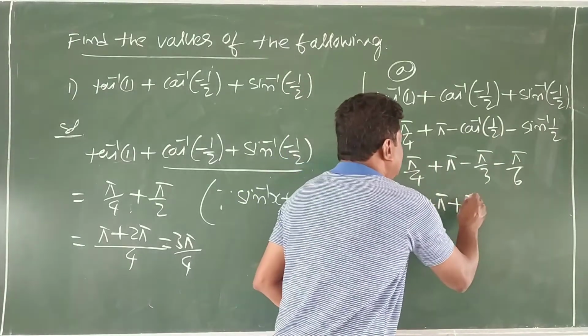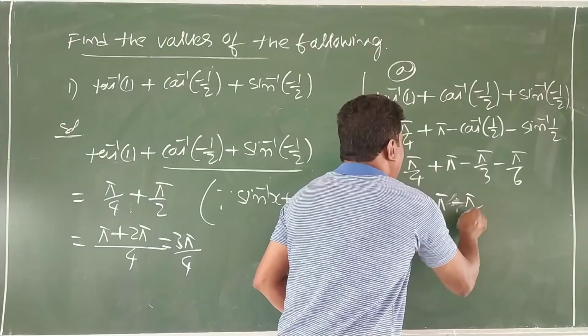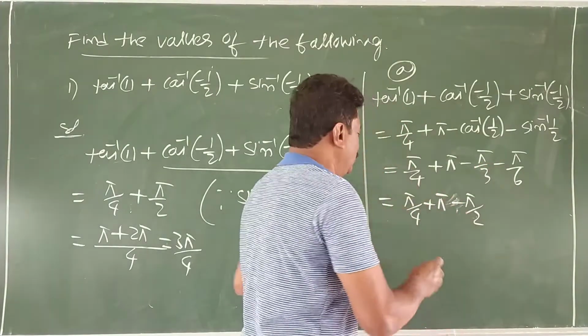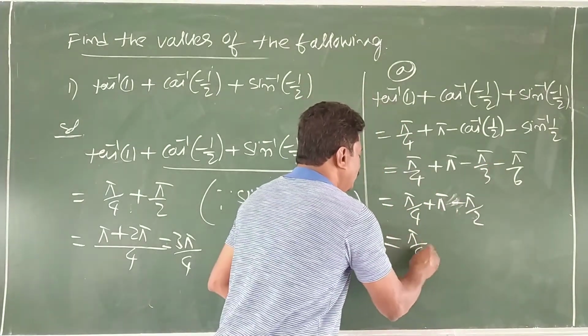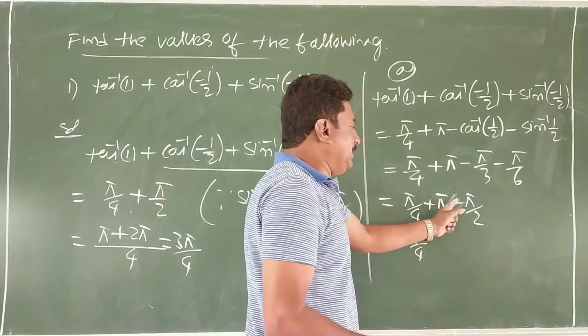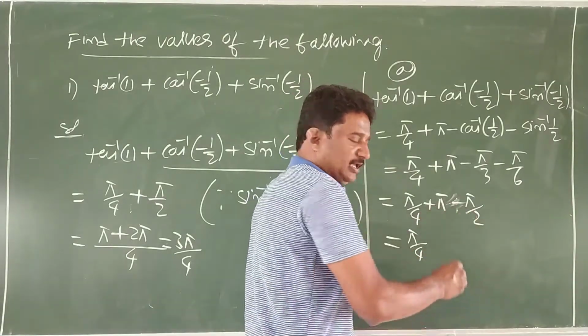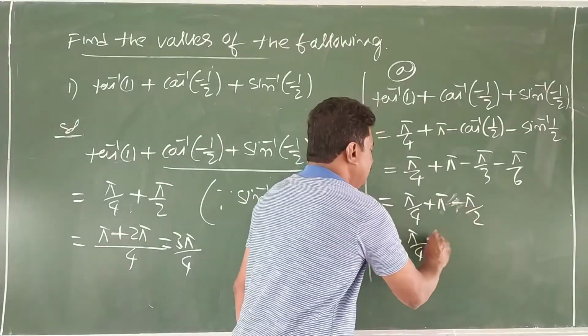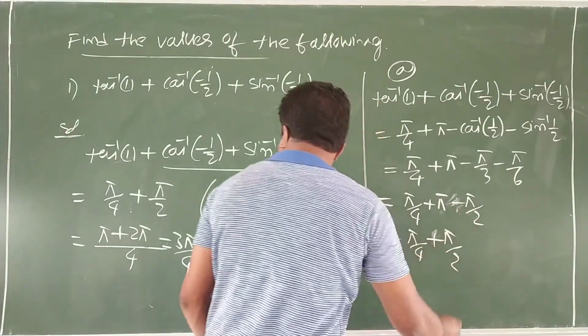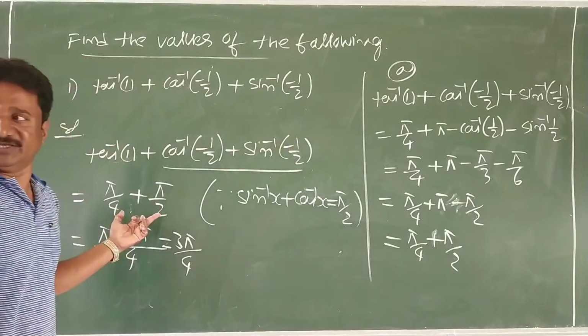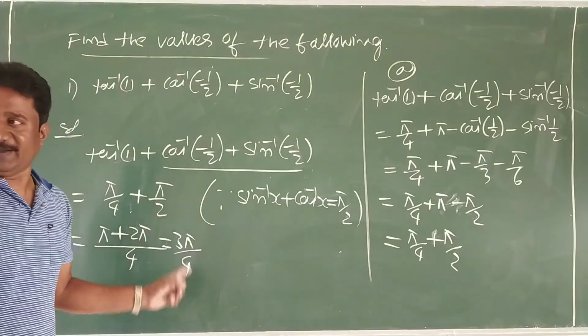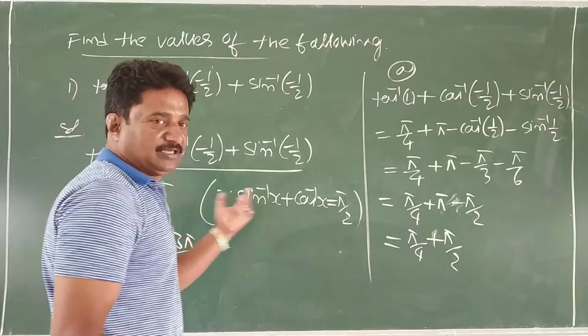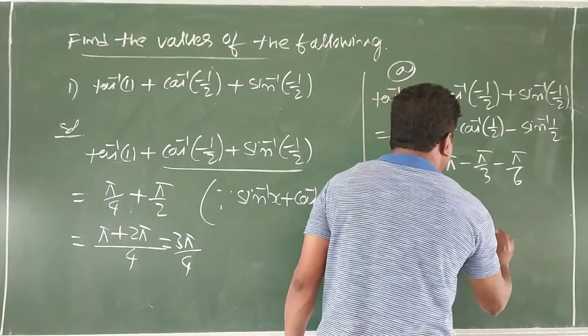So pi by 4 plus pi minus pi by 2: 180 minus 90, 90, plus pi by 4. I am getting the same thing, students. The answer should be 3 pi by 4.